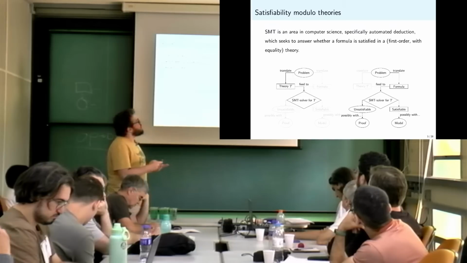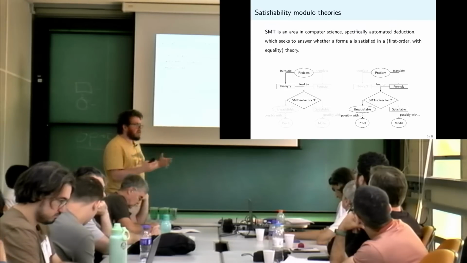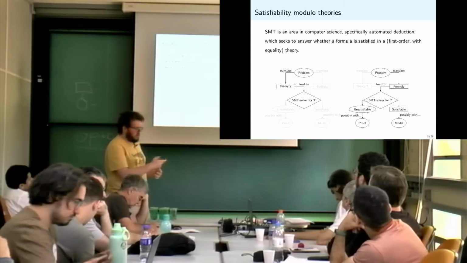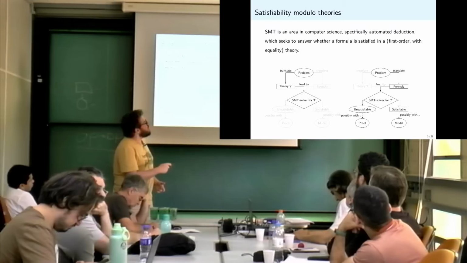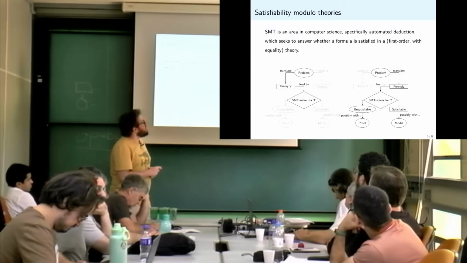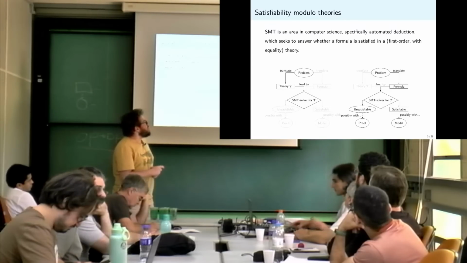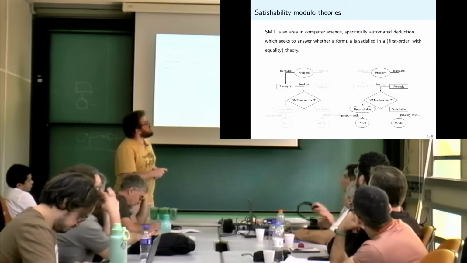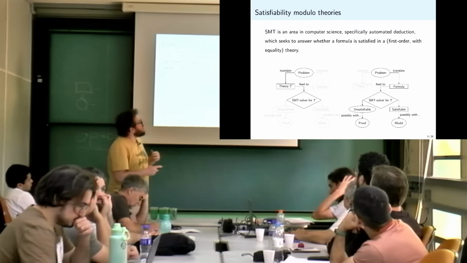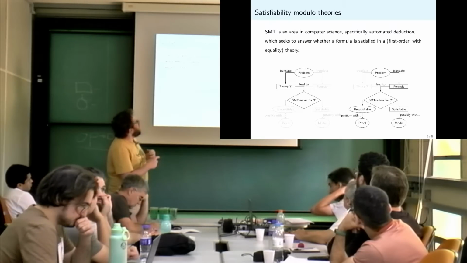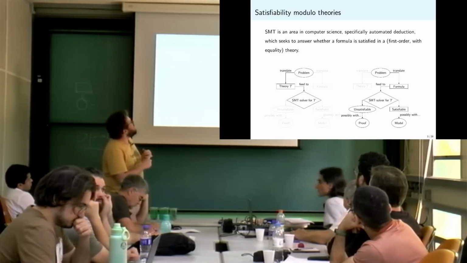But the actual problem that you want to test, that your machine is working correctly, you translate into a formula that you feed to the solver, which will answer unsatisfiable or satisfiable, ideally. So I work on this specific step here.